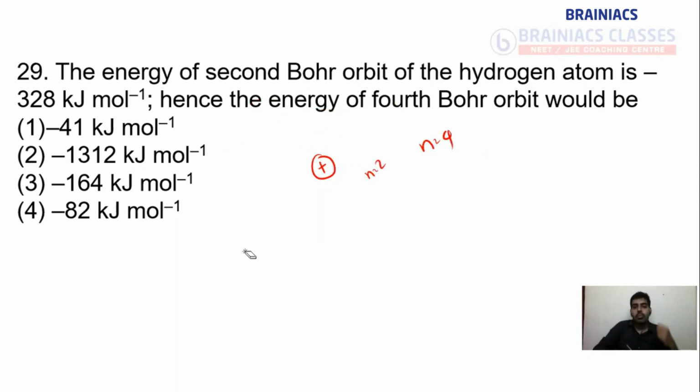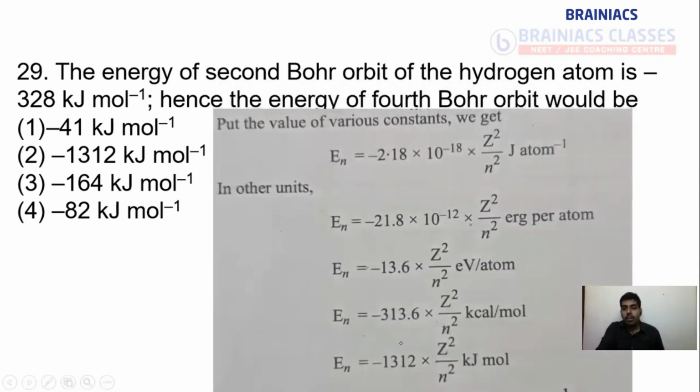Now, we know the equations to calculate energy. En is equal to minus 2.18 into 10 raised to minus 18 Z square by n square joules per atom, if energy is expressed in joules per atom.